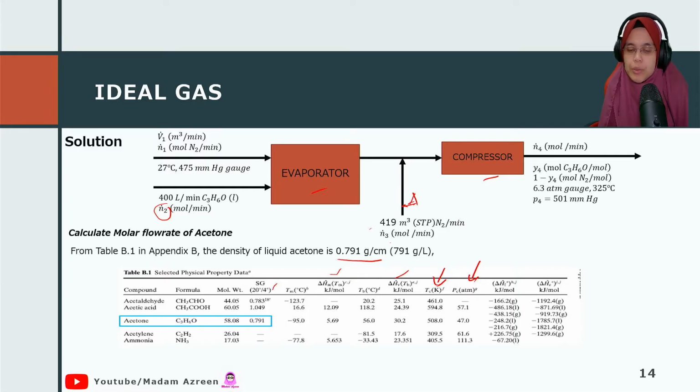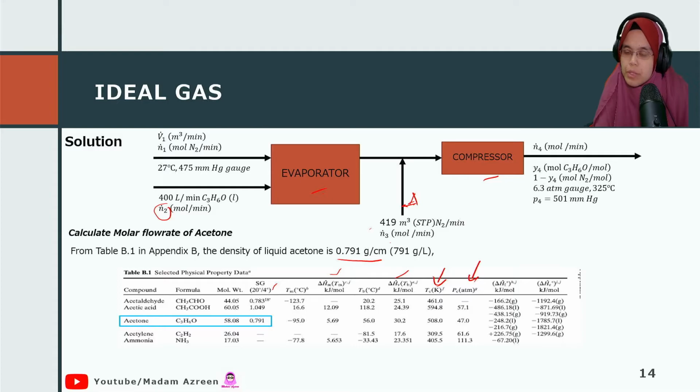But here, what I want to tell you is that when you have a liquid, or you have a gas, what information can you extract? One of the important properties of a liquid is density. So you can find the density of any chemical in Table B.1.